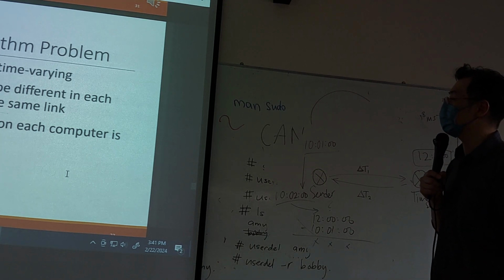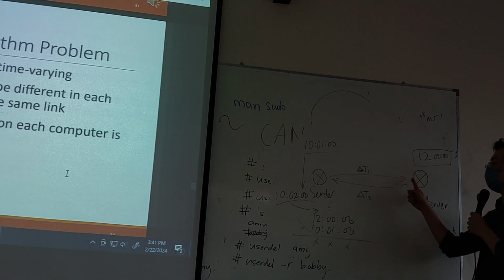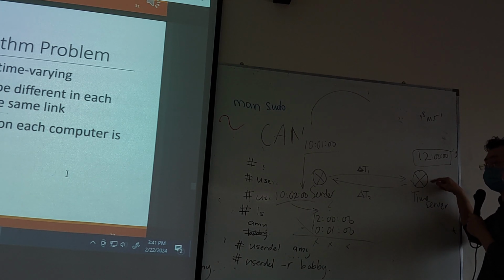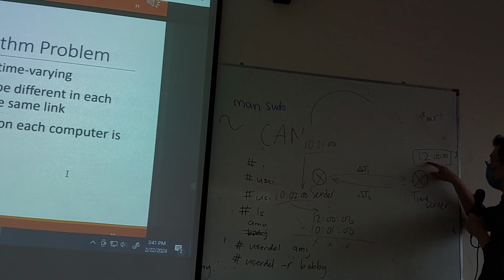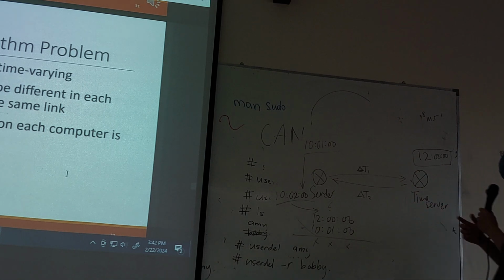Okay, the third one is processing delay. Of course, we are only talking about the network delay, but how about the processor itself? It also takes time to process, right? Read your message, and then read the time, and then package the message, and then send it back. Of course, you can do it very fast, but you cannot get to certain precision.